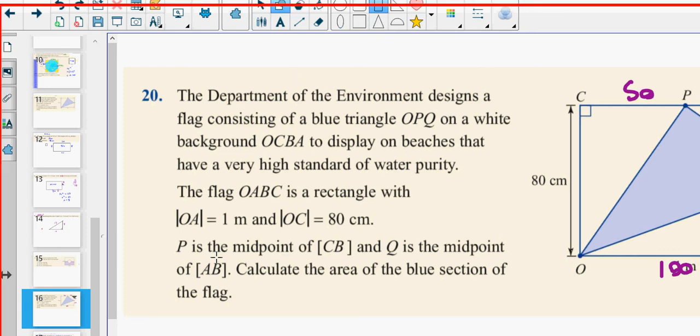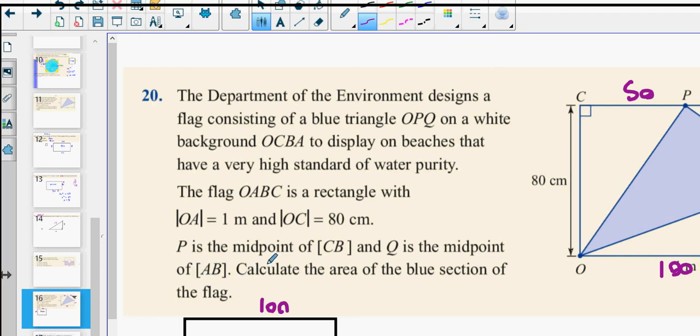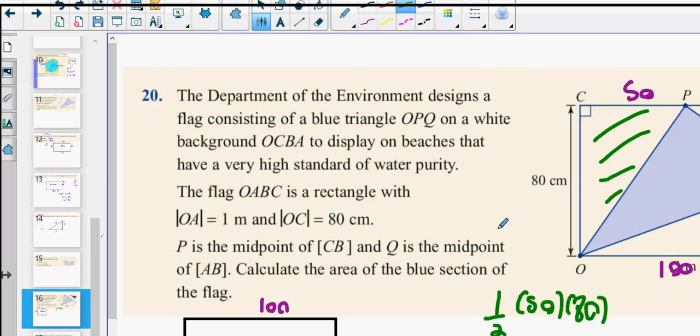So what I'm going to say here is that the area of the rectangle is 80 by 100, which to me is 8,000. And then I have the area of the, we call it the green triangle. The green triangle is the 50 by the 80, so it's a half 50 by the 80. Then I have the blue triangle, which is a half 50 by 40.